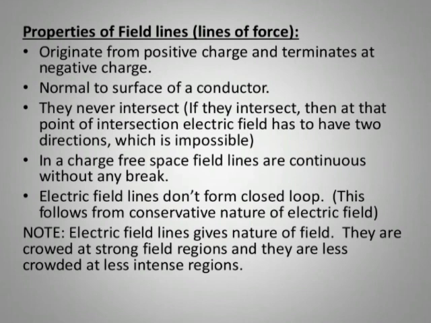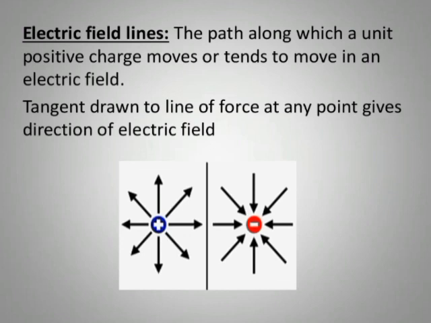Normal, perpendicular, it tells you. The next point is they never intersect. What do they say? The field lines never intersect. If this is the line, another line won't come and intersect. They never intersect in this way, forming any sorts of junctions. No, all are spread out and they never intersect.